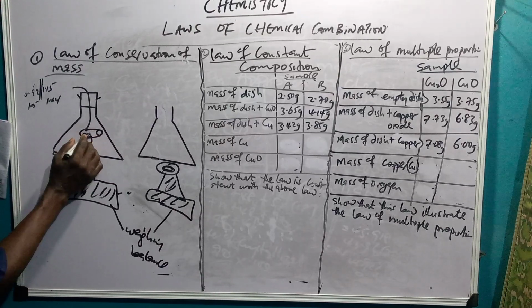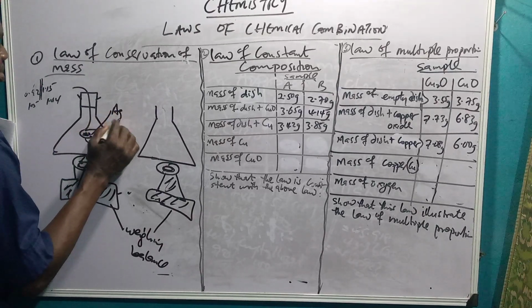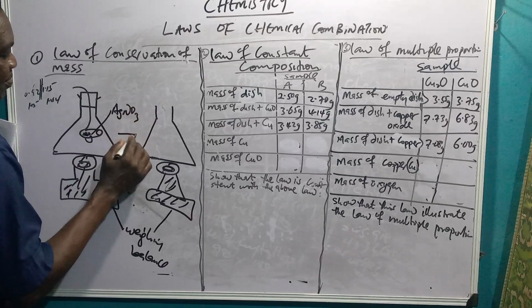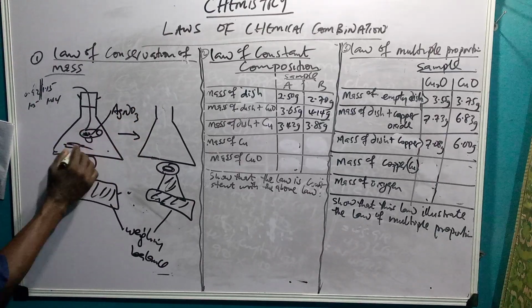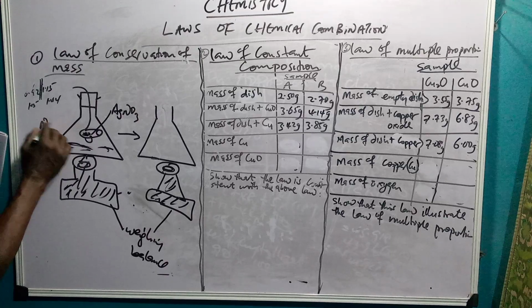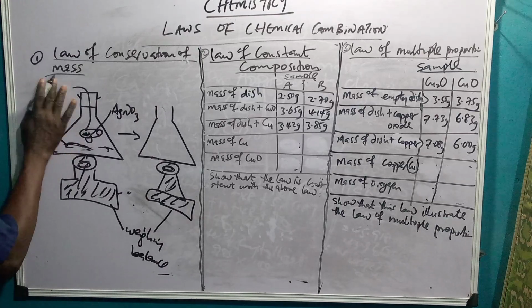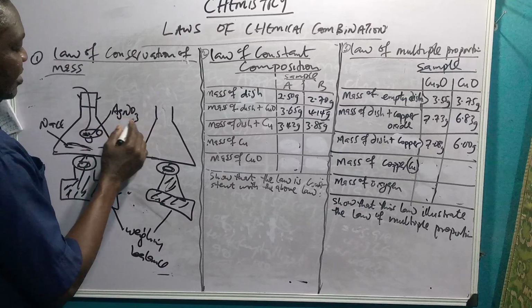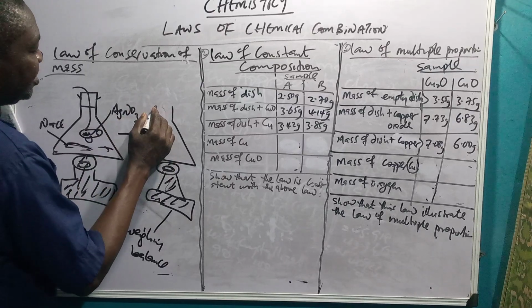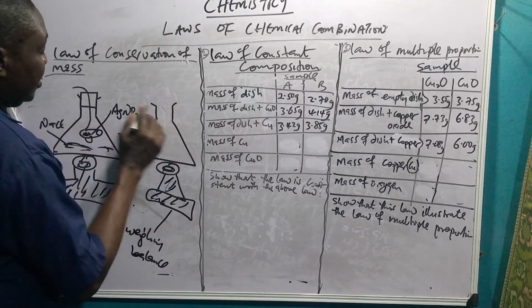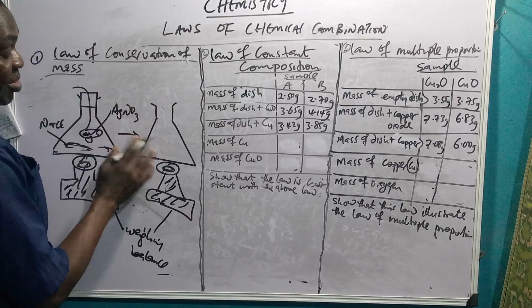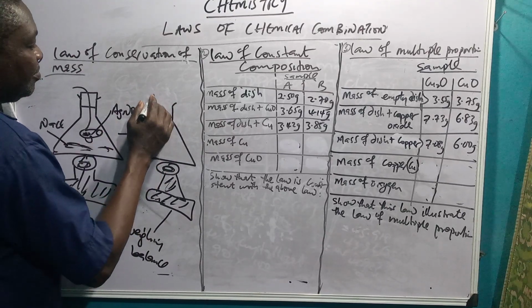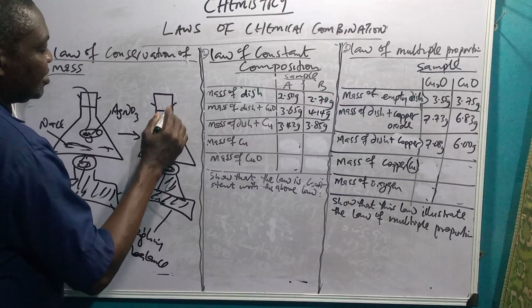You can put the solution here as AgNO3, then what is in the flask will be NaCl, sodium chloride, while this one is silver trioxonitrate(V). You do the same thing; both are the same anyway, the same conical flask we are dealing with.